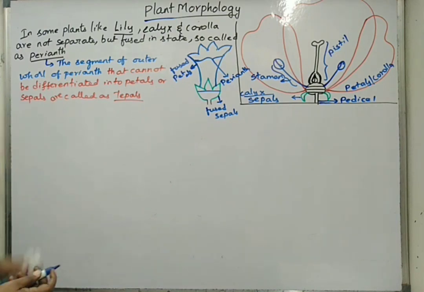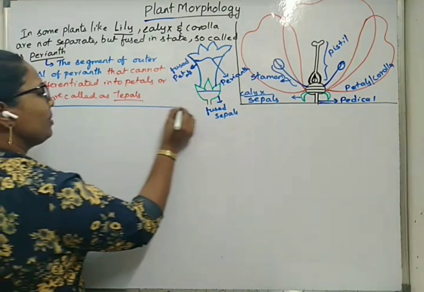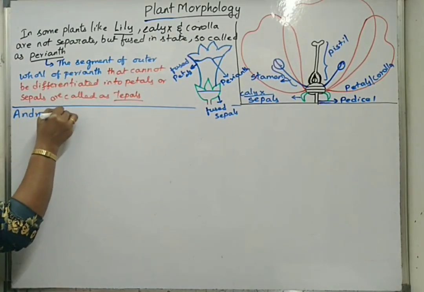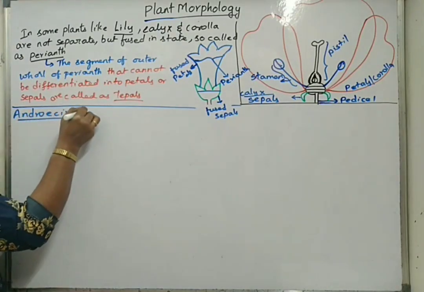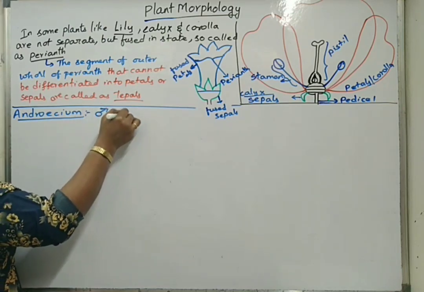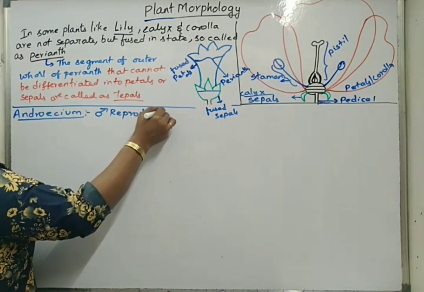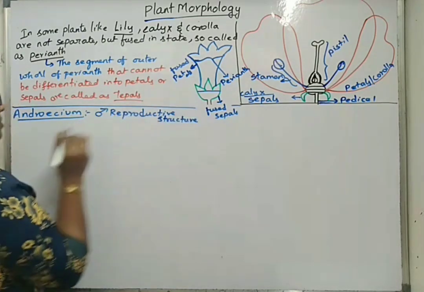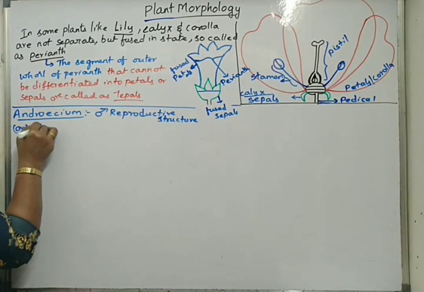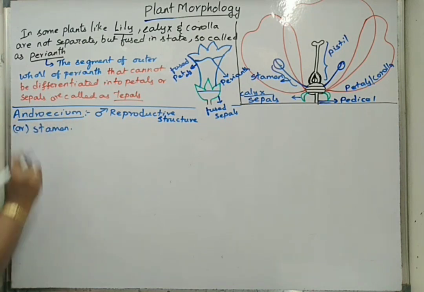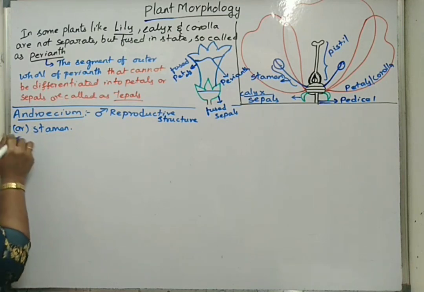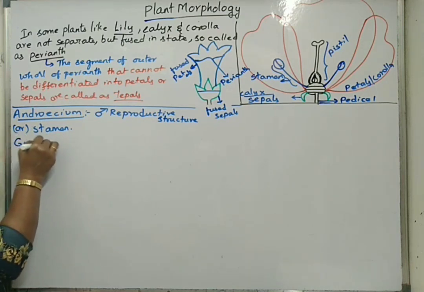Now, coming to androecium and gynoecium. Androecium is the male reproductive structure or stamen. Next one, gynoecium.